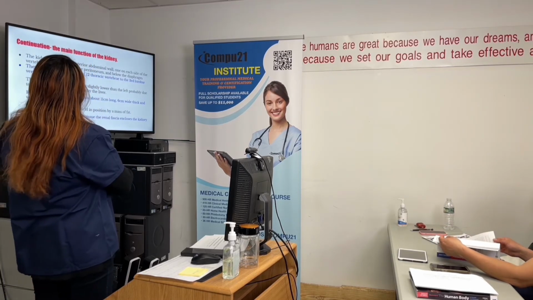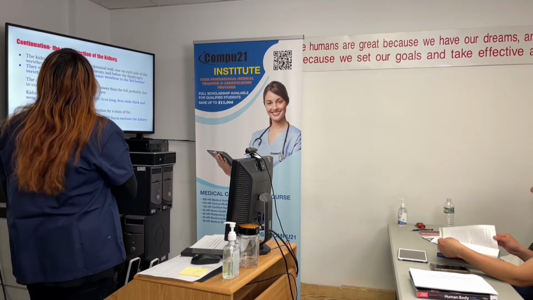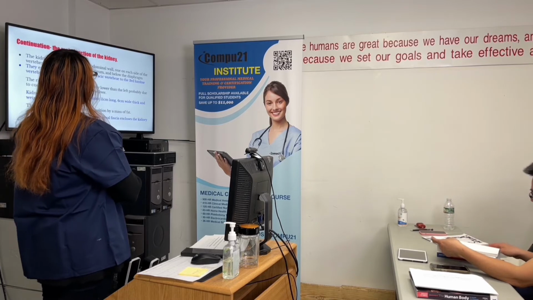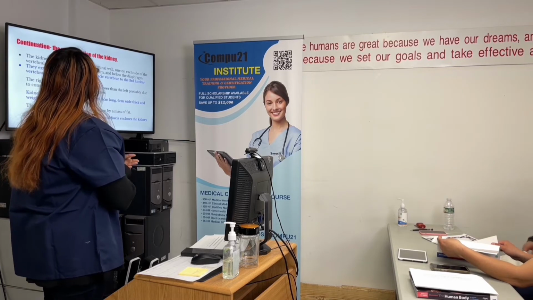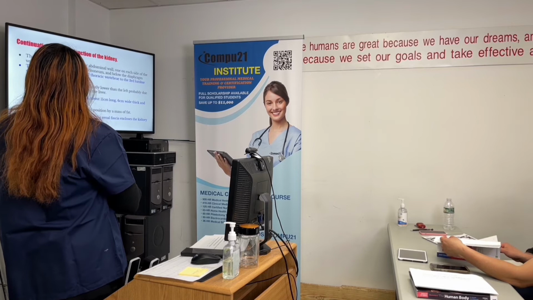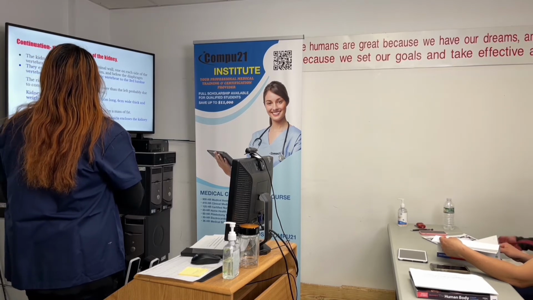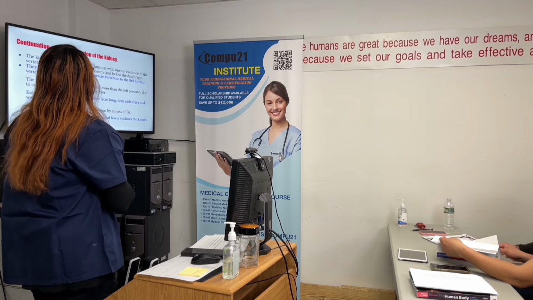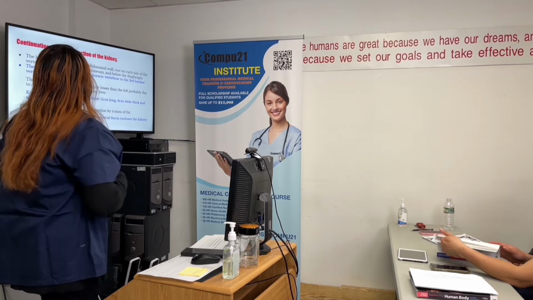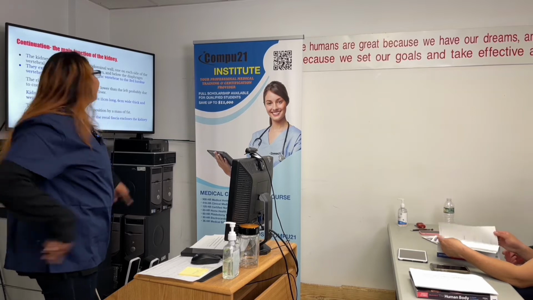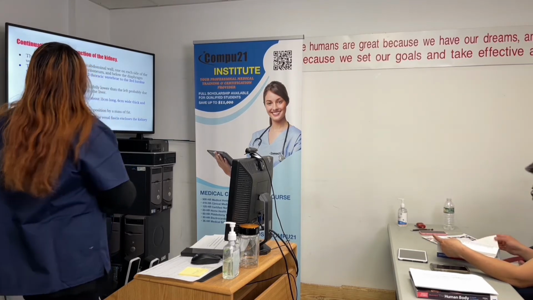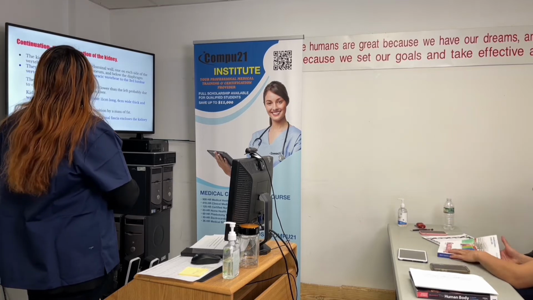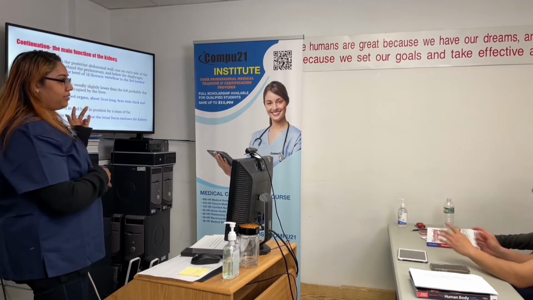Continuing from the previous chapter. The kidneys lie on the posterior abdominal wall, one on each side of the vertebral column, behind the peritoneum and below the diaphragm, right on the back. The right kidney is usually slightly lower than the left due to the space occupied by the liver.